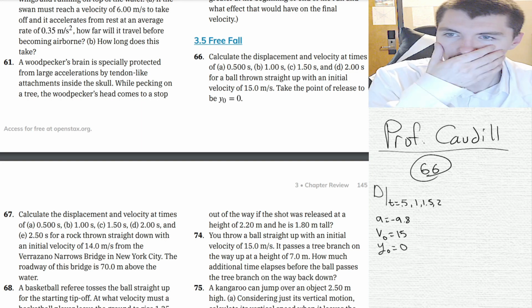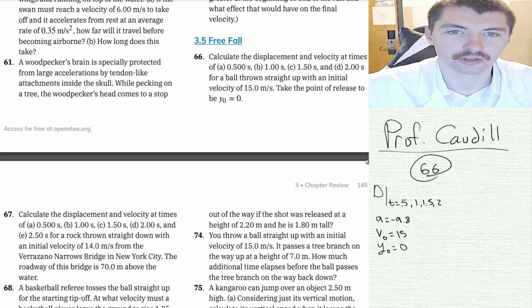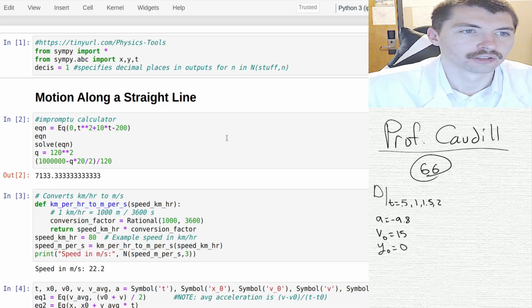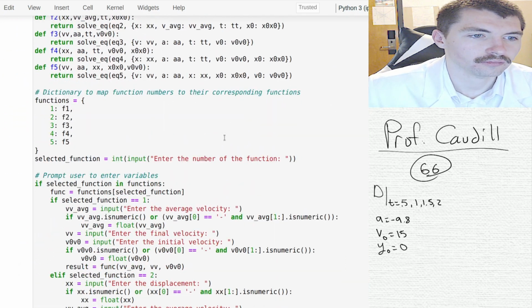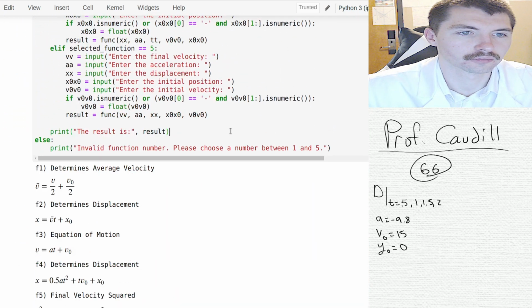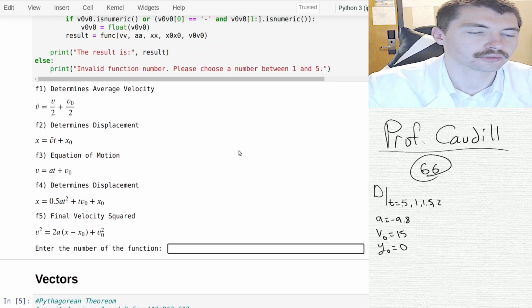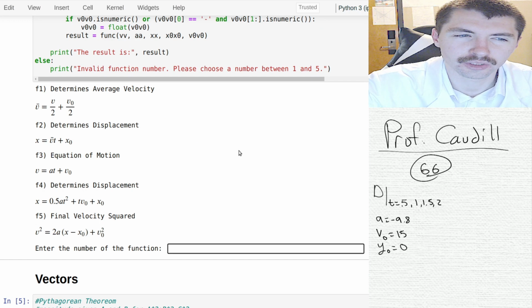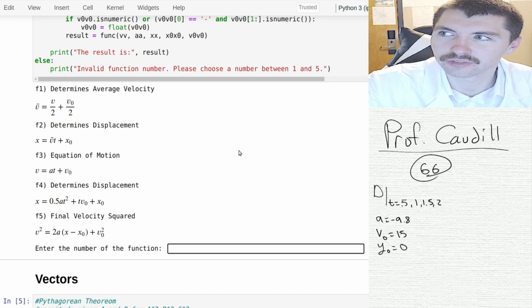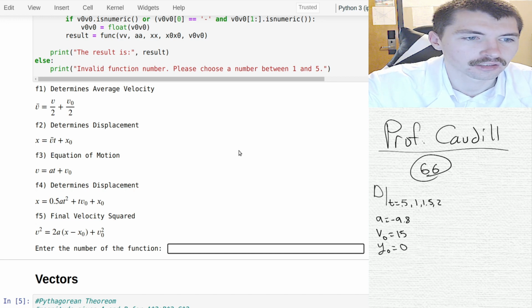Okay. So we want to find displacement. We can use equation 2, but we don't know average velocity. We didn't need to know a final velocity, so we could also try equation 4.